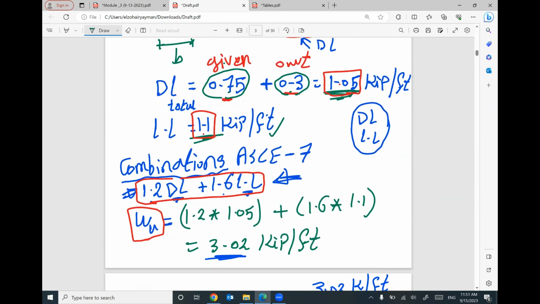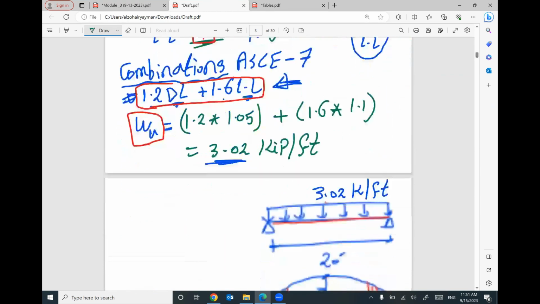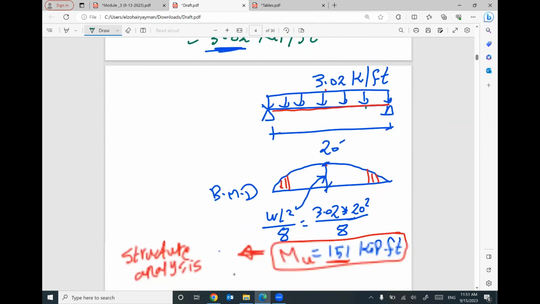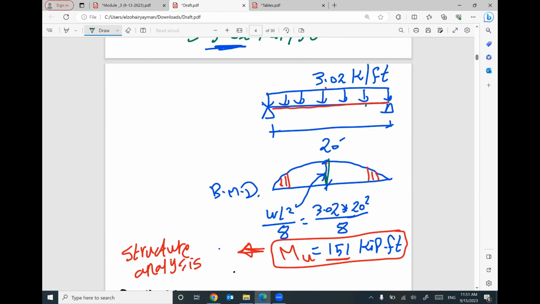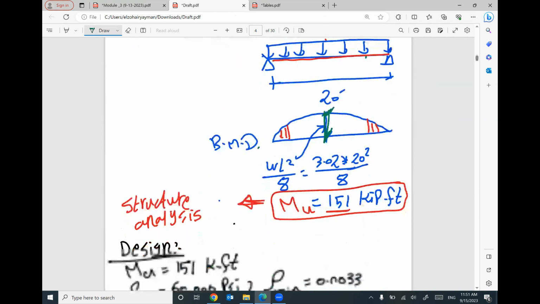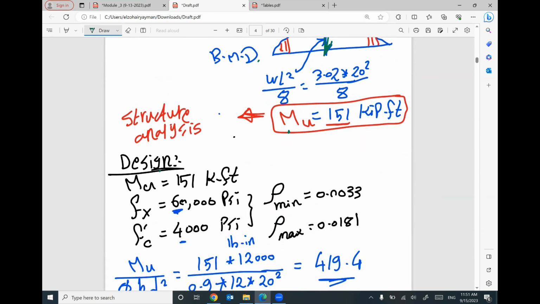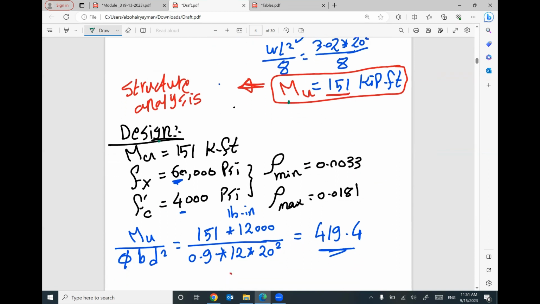Then I do the combination. Then I put my final combined dead and live load on the beam to draw the bending moment diagram. The highest value in this diagram is called your M ultimate. Then after this step, I need to start my design. Your design is based on your M ultimate, F yield, F prime C. I can check the rho minimum and rho maximum.